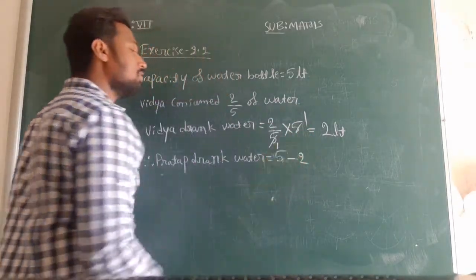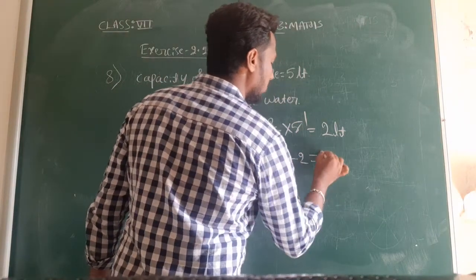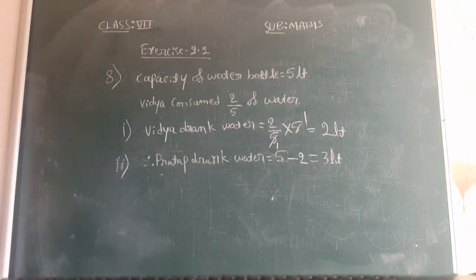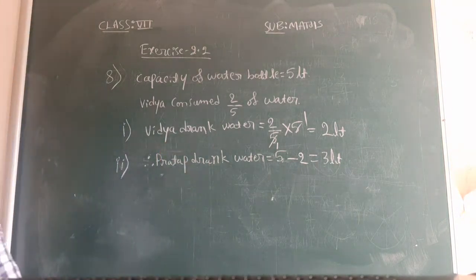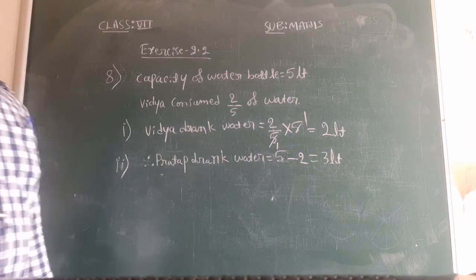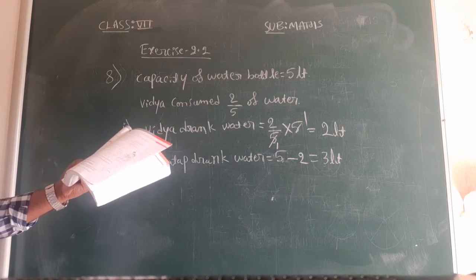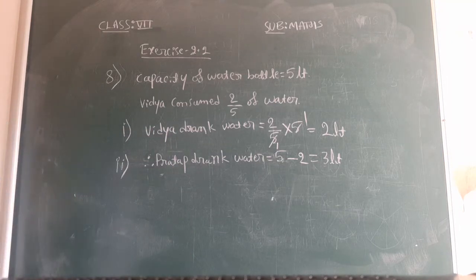So 5 minus 2 means 3 liters of water was drunk by Pratap. But they are not asking just how much Pratap drank, they are asking for the fraction. How much Pratap drank in the total quantity of the water.